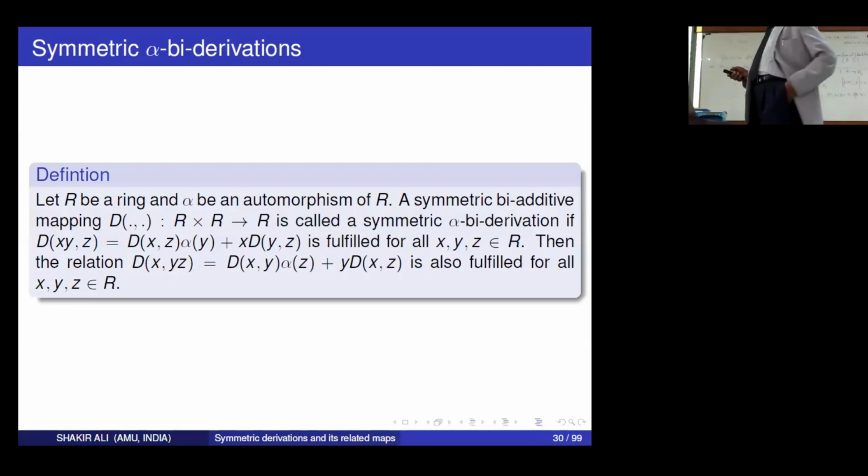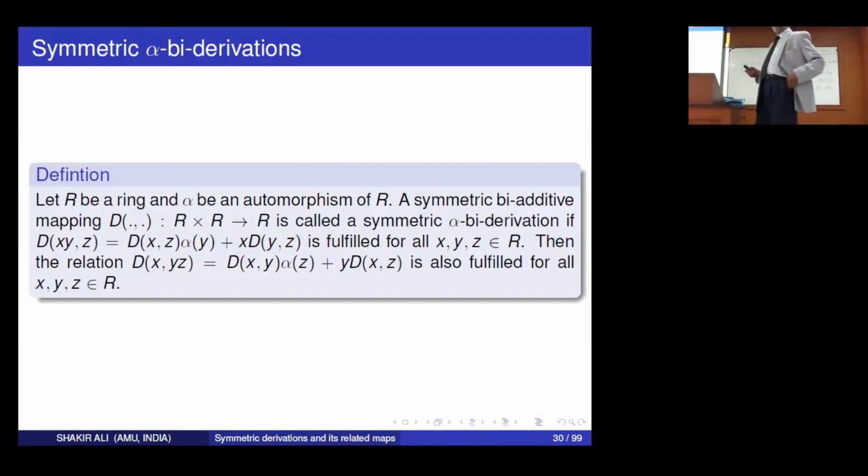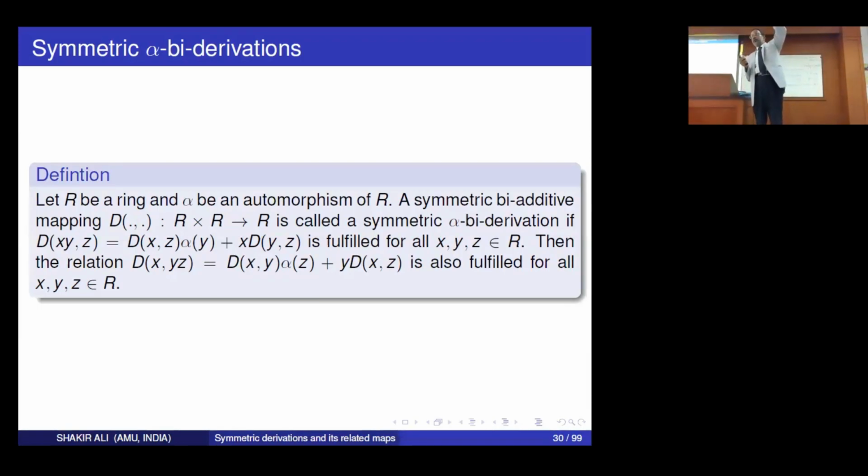Here we take an automorphism, but the definition does not require an automorphism, you can just take an endomorphism. And if this holds for the first argument, a similar result holds for the second argument. If you take alpha as the identity map, then you get the notion of biderivation. So this is one type of extended version of symmetric biderivations.